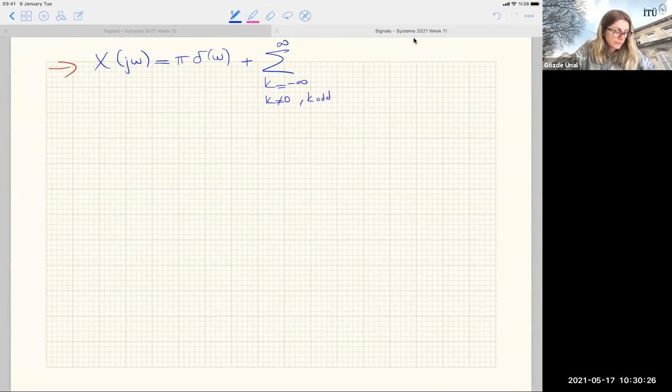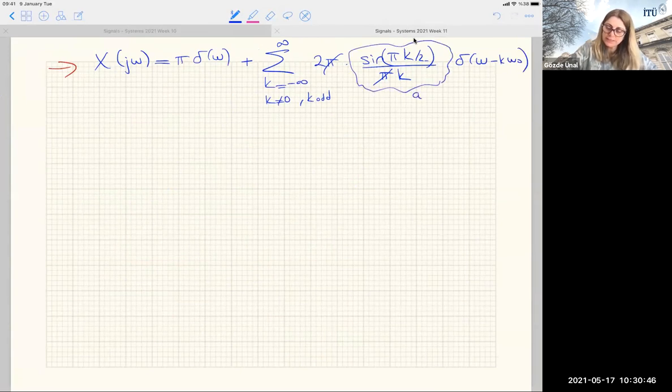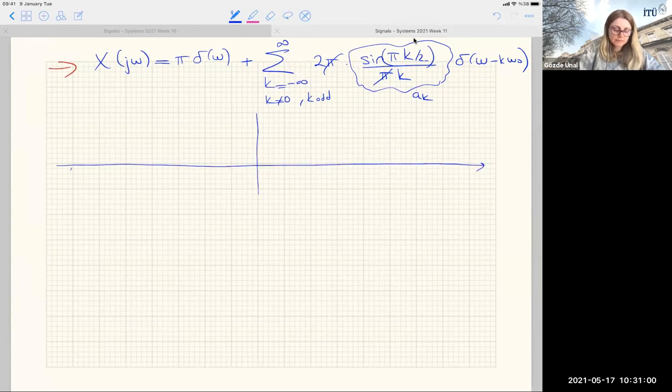This was 2 pi, I'm inserting the a_k. Pi k, pi is cancelled here, times delta omega minus k omega 0. Guys, it's not really difficult. This is a_k, I'm inserting a_k, that's it. a_k we are already given. So that would be, as I think we would expect, the square wave to sinc relation, right? And it's a dual relation.